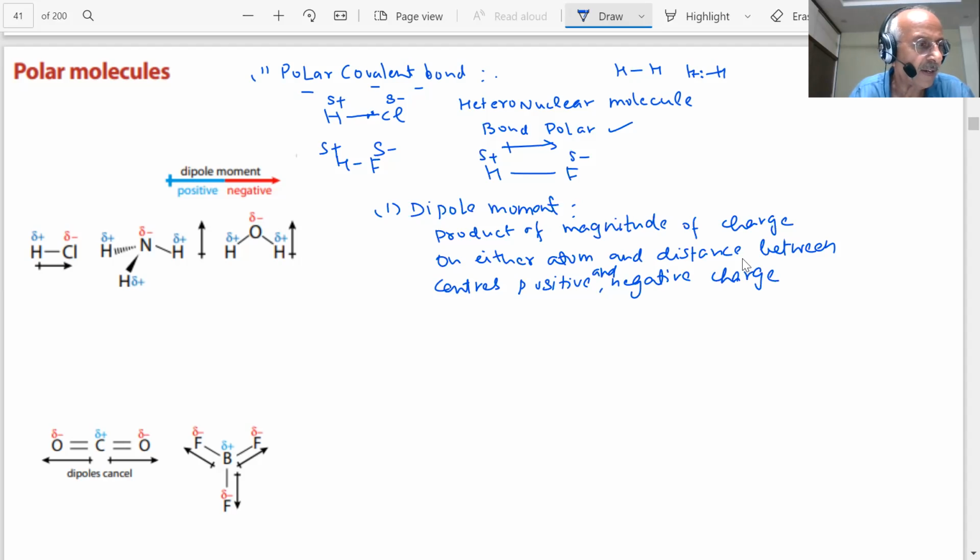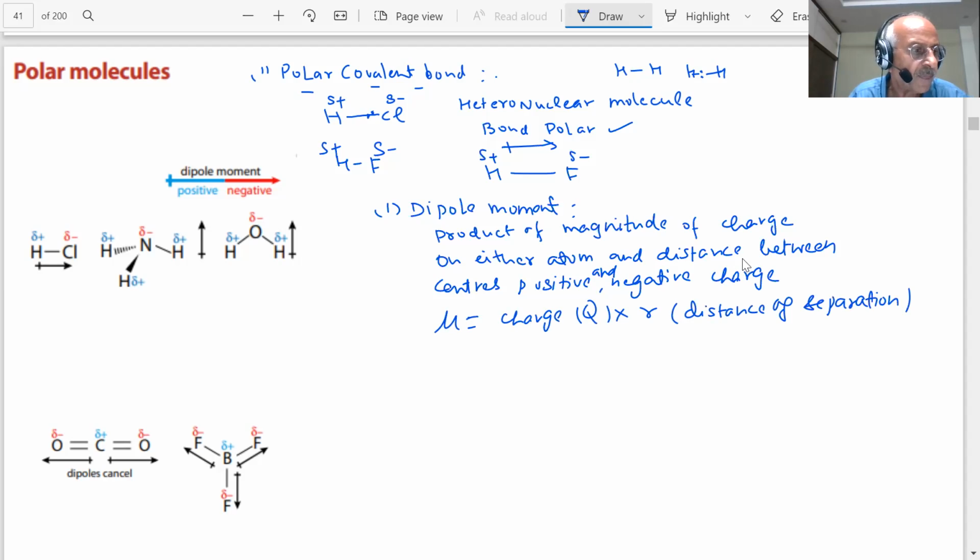So we write it like this. Mu, which is the dipole moment, is equal to charge q into d, the distance of separation between the positive and negative ions. Is it clear?